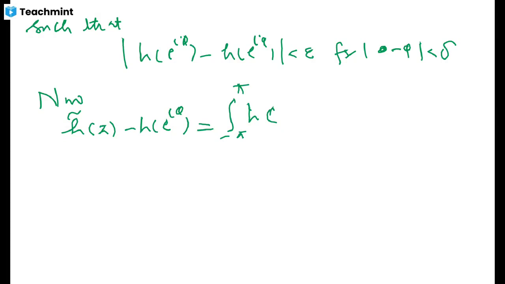Or what I'm going to do, I'm going to just write this, replacing this. I'm just writing it as e^{i(θ-φ)} minus H of e^{iφ}. Let me take one more step to write this thing.